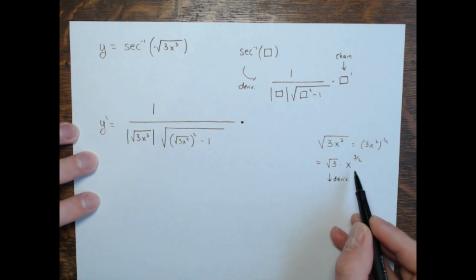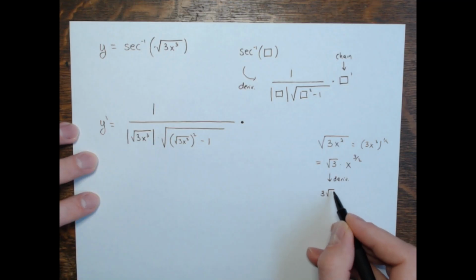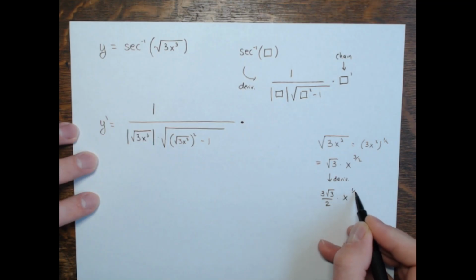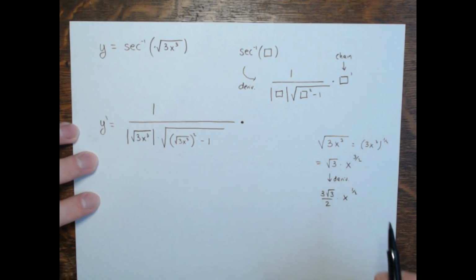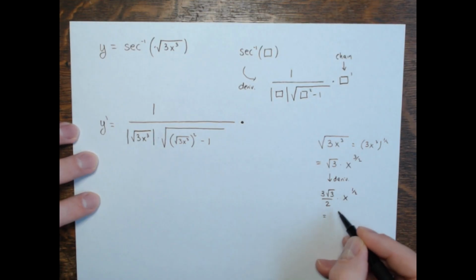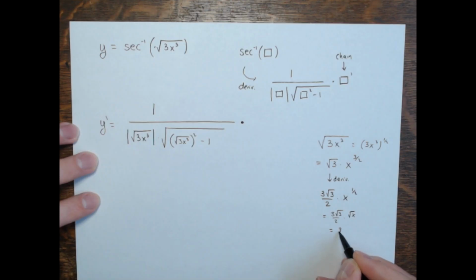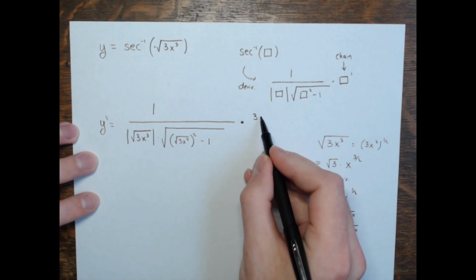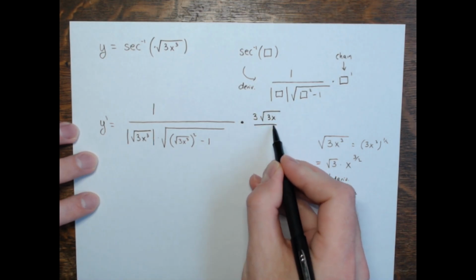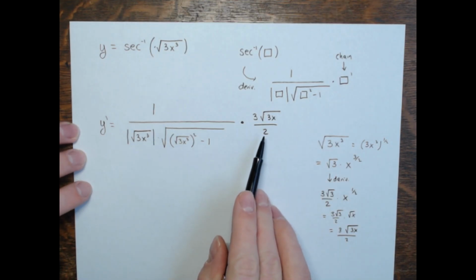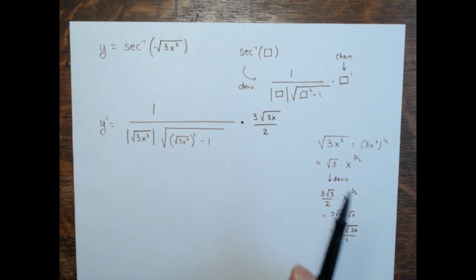So when I do the derivative of this, it would be 3 root 3 over 2 times x to the 1 half, subtracting 1 from 3 halves. So square root of x again. So 3 root 3 over 2 times the square root of x. And if you want to put the square root of 3 and square root of x together, this would be 3 times the square root of 3x, over 2. So 3 times the square root of 3x, over 2 afterwards. That's the derivative of the expression inside.